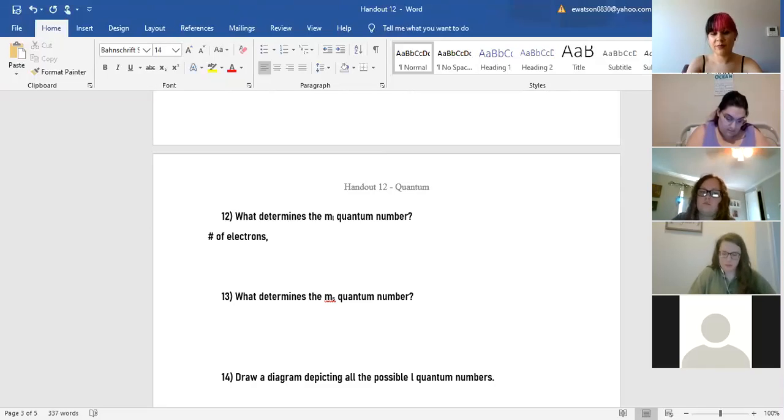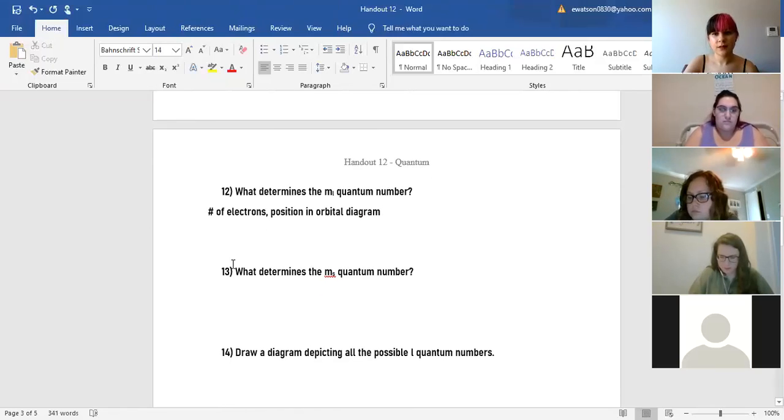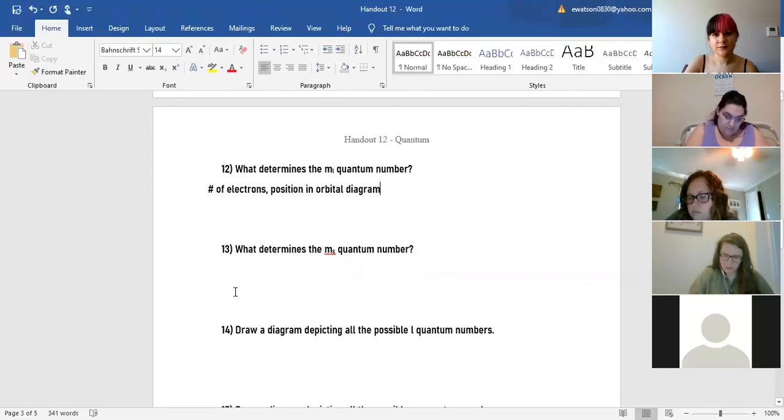I go based off of position in the orbital diagram. So what's going to determine our M sub S? Which way the arrow's pointing. Yeah, so arrow direction.